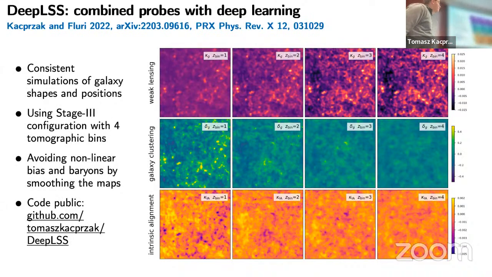We need a lot of computational resources, a lot of simulations. We need a very good understanding of systematics and modeling, of course. Depending on what scales you're interested in, but even for moderate scales, modeling of galaxy biasing, the connection between dark matter and galaxies, and selection functions, everything becomes a bit more difficult.